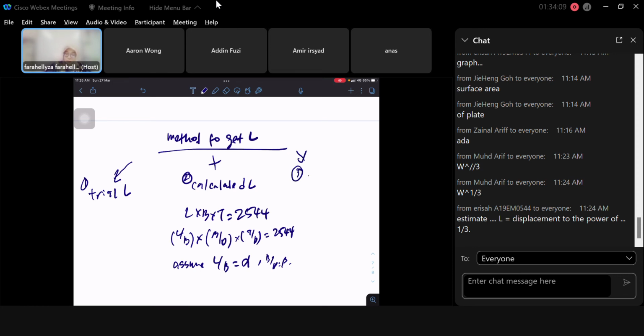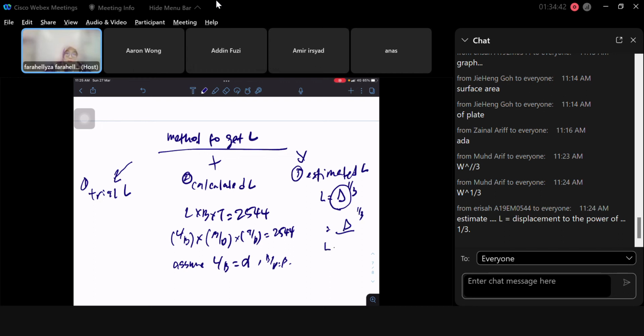Then we have estimated L. So yes, I think someone gave me an answer just now. For estimated L, we estimate the L, which is L equal to the displacement to the power of 1/3. We estimate L to be equal to 1/3 power of the displacement. So you know your displacement, then the 1/3 power of this displacement is your L basically.